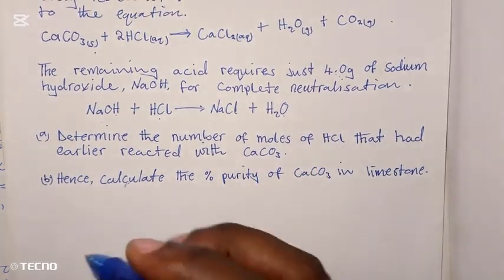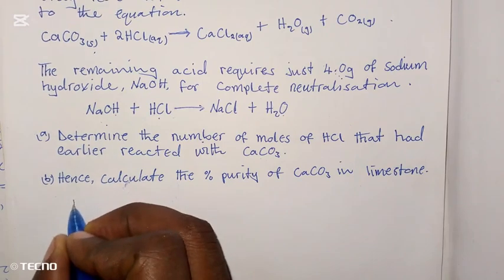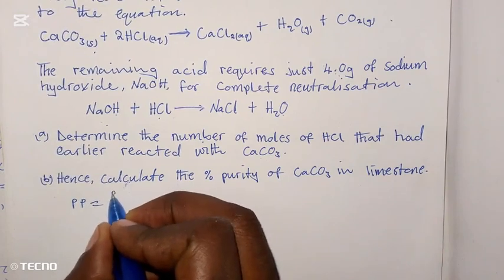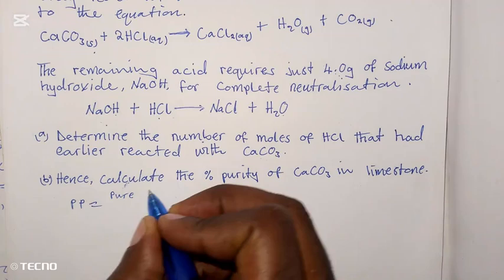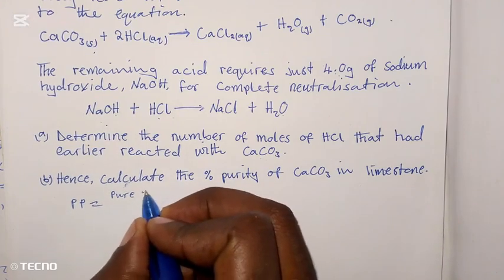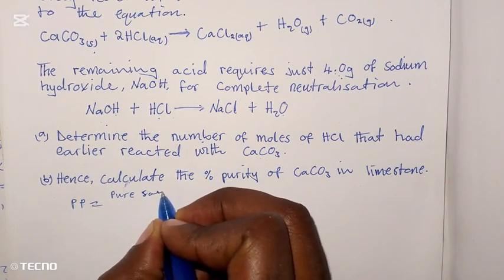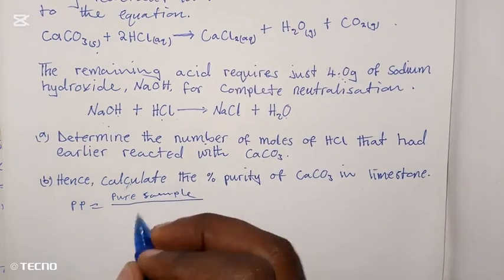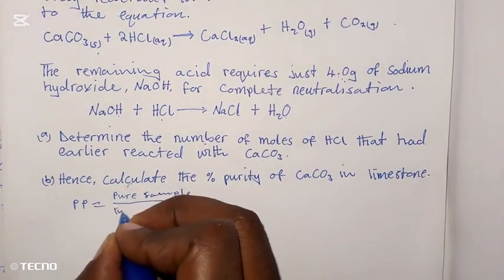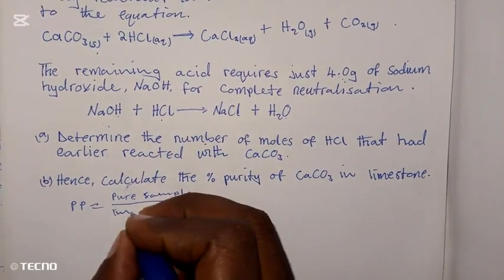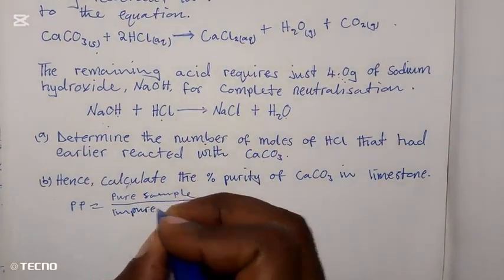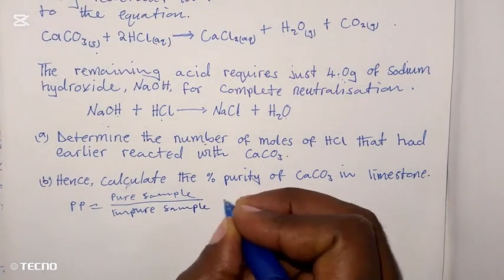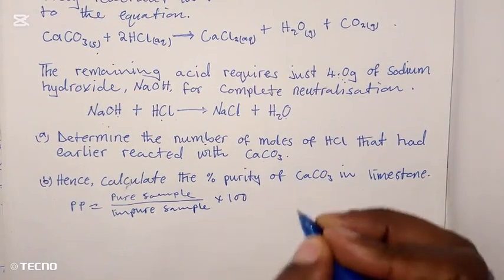So the formula here: percentage purity is equal to pure sample, or pure mass, over impure sample, times 100%.